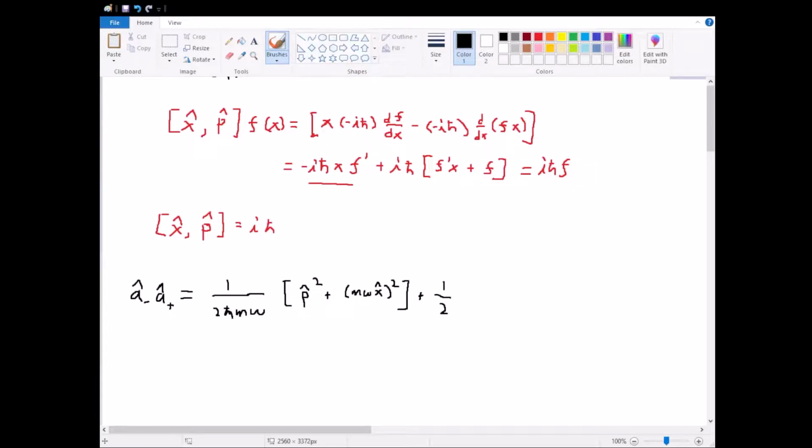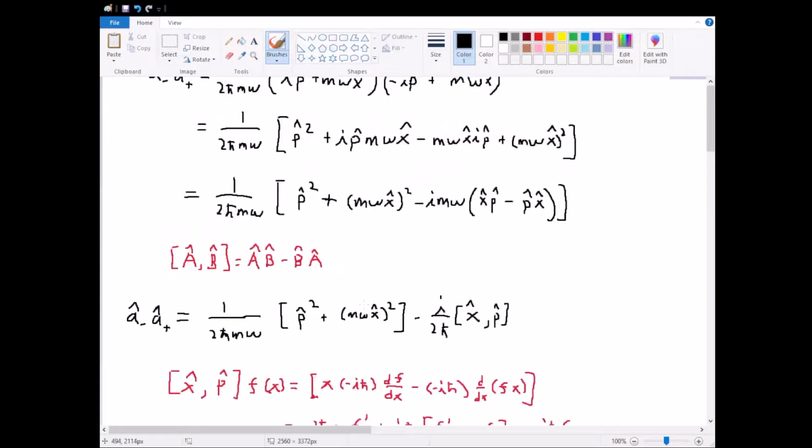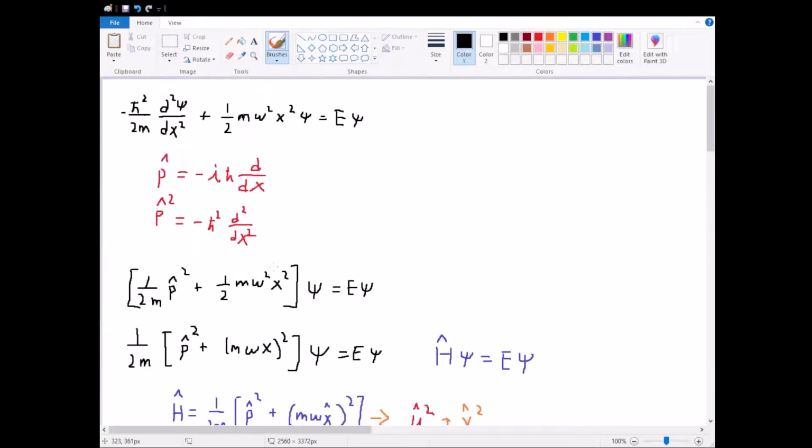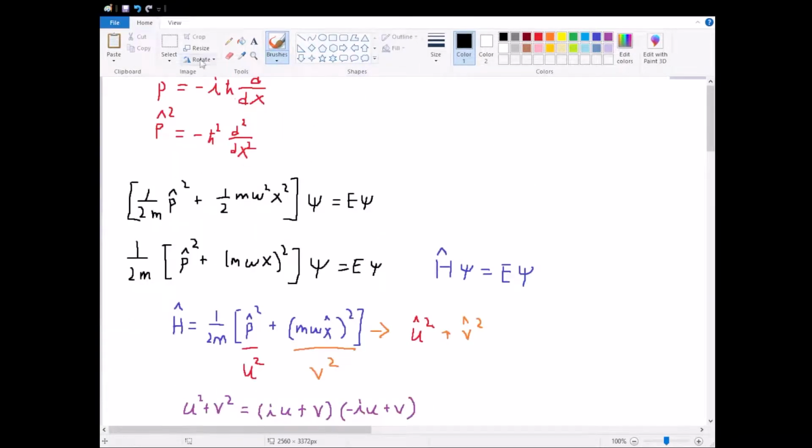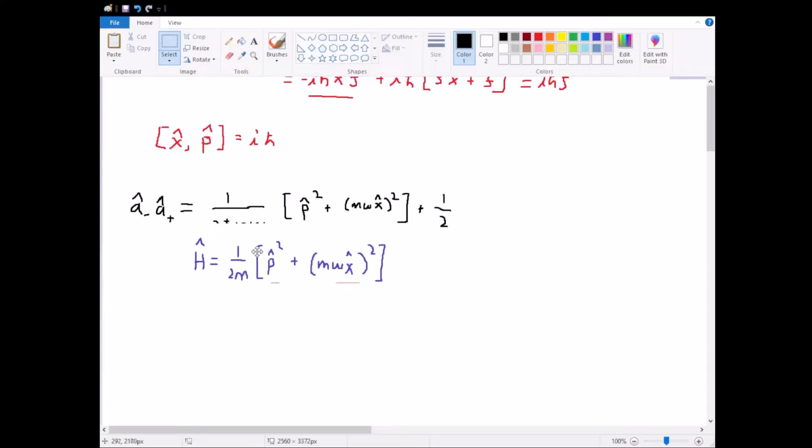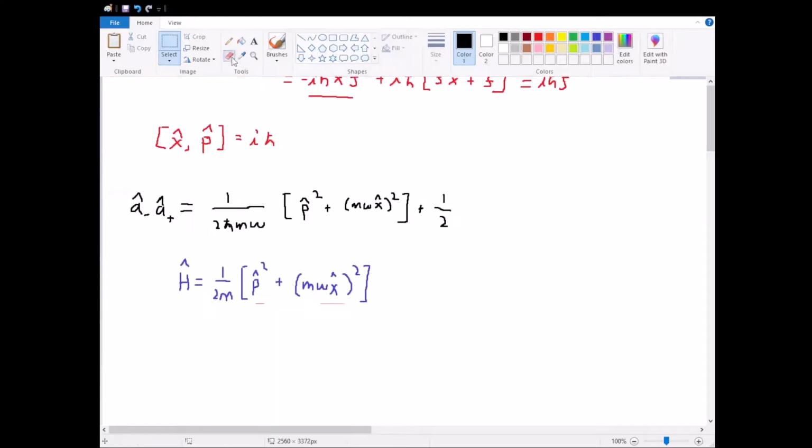Now realize that we can substitute the Hamiltonian back into this equation. Originally we defined the Hamiltonian to equal this function, and this is exactly what we have right here: 1 over 2m times this whole thing over here.